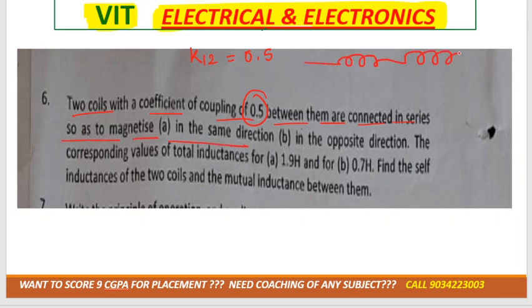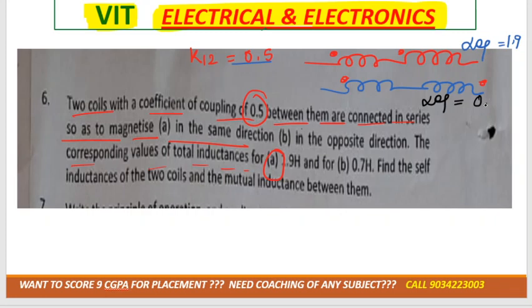First connect it in series aiding, then connect it in opposing, right? In this way the corresponding values of the total inductance: for A, L equivalent is 1.9 Henry they have given, and L equivalent for B opposing is 0.7 Henry. Now they are asking L1, L2 and they are asking M12.